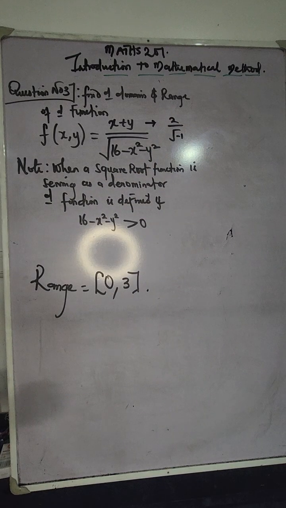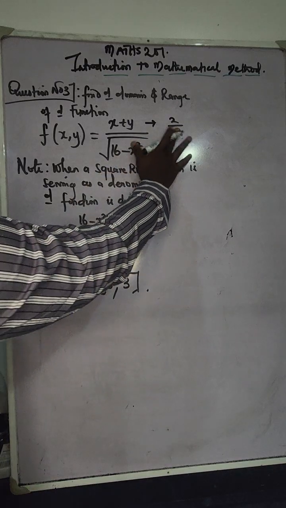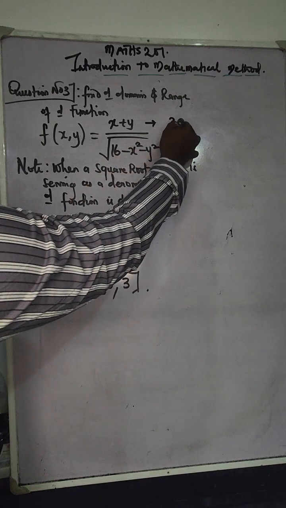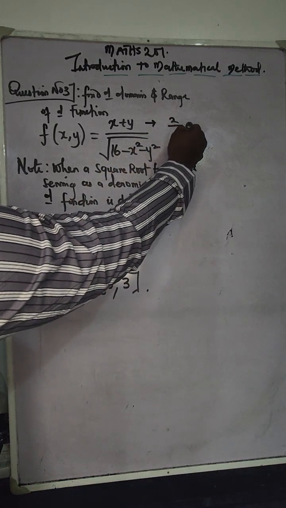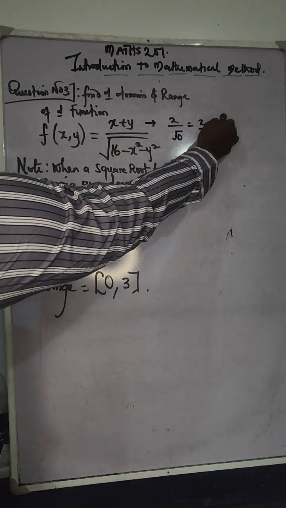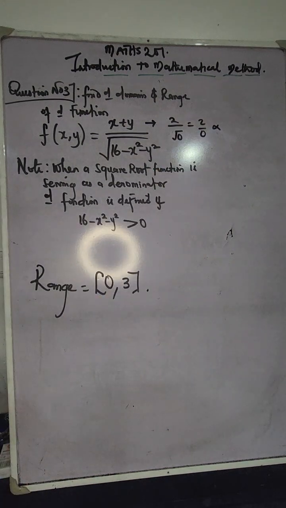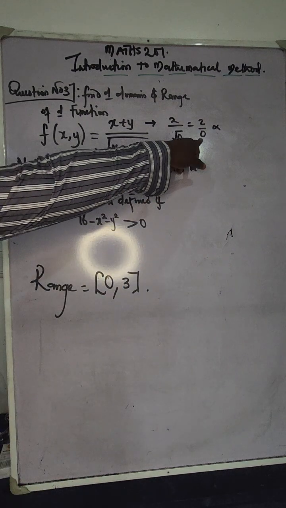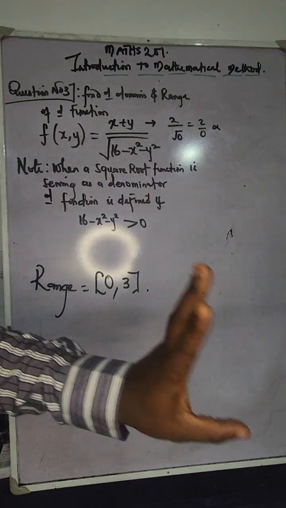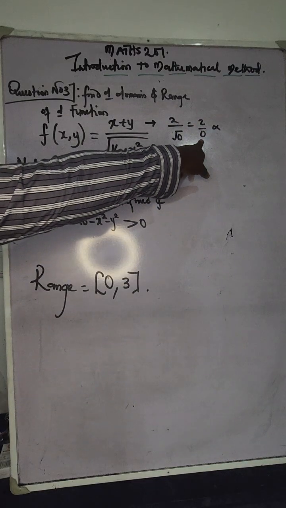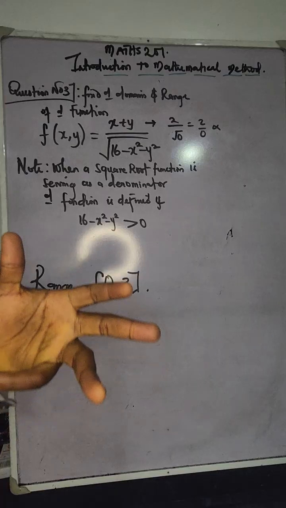That's a problem, that's an error. And 2 divided by the square root of 0 is 2 divided by 0, still a problem. So it is necessary for it to be greater than 0, not greater than or equal to 0, because we are avoiding this error. 2 divided by 0 is an error on your calculator, right?